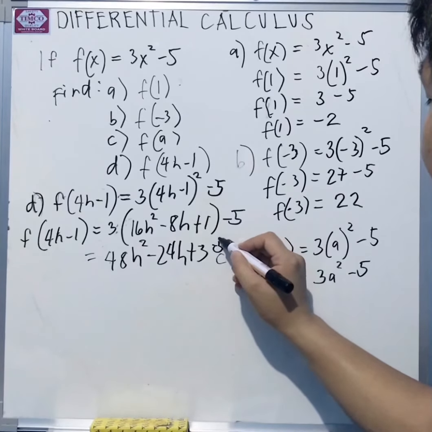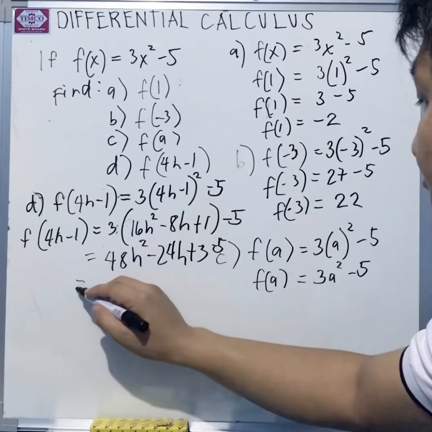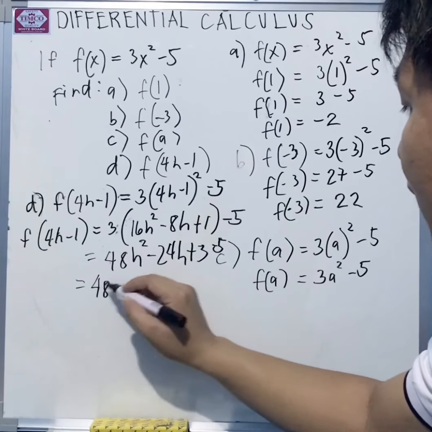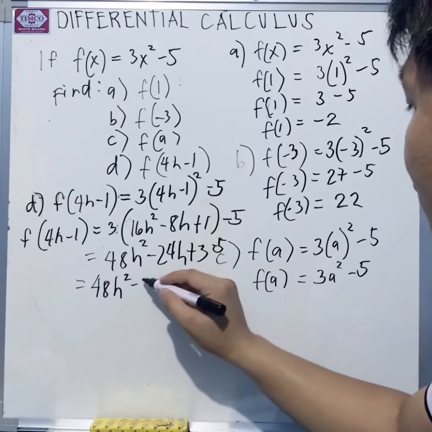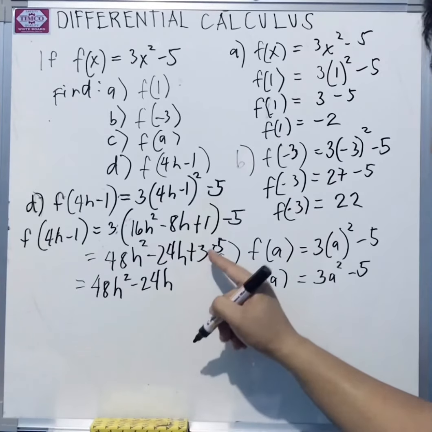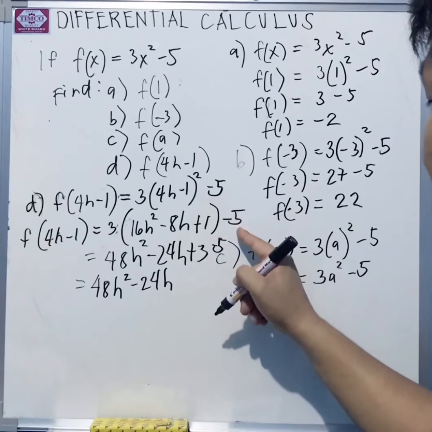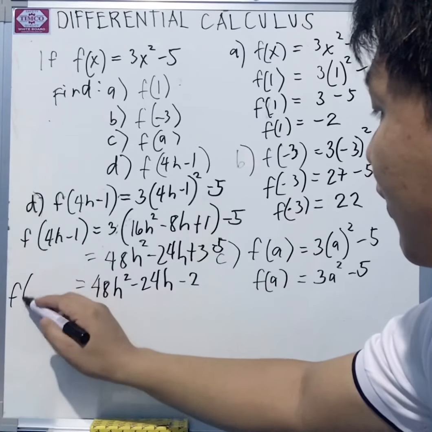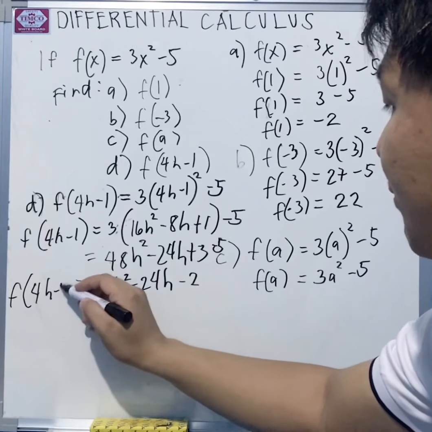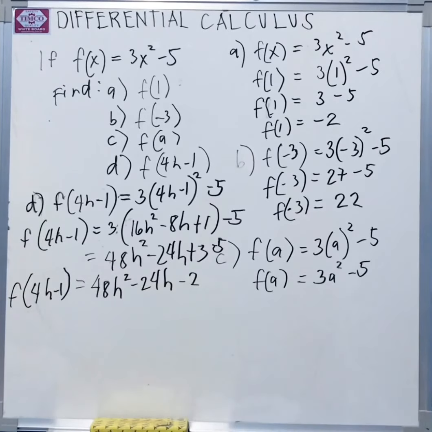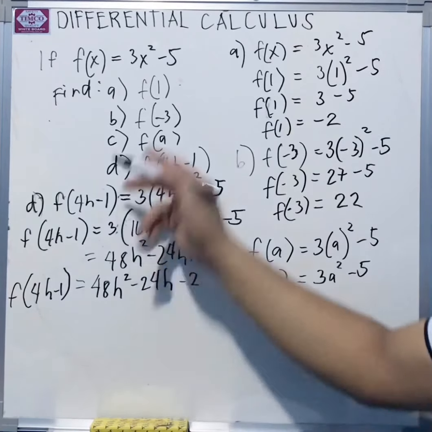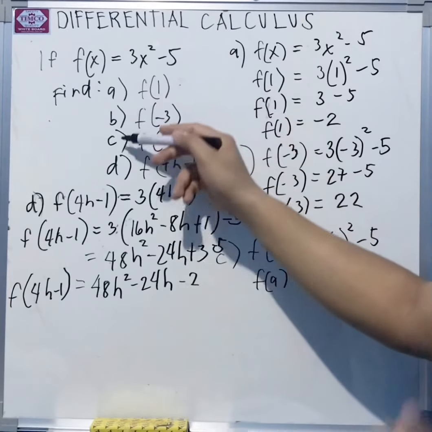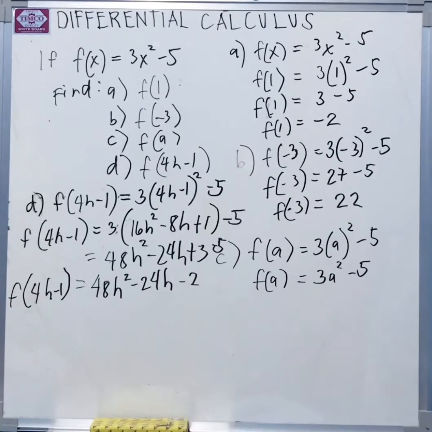Equal to 48h squared minus 24h, positive 3 minus 5 is negative 2. So, yun na yung value ng f of 4h minus 1 natin. Yun yung nakuha natin yung A, B, C, and D. Yun lang yung gagawin natin sa evaluation of functions.